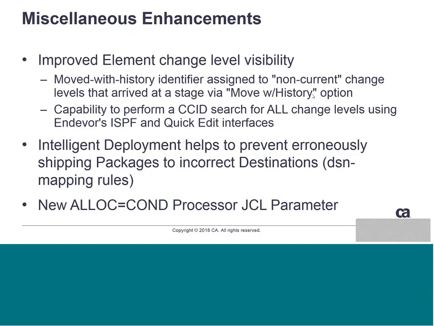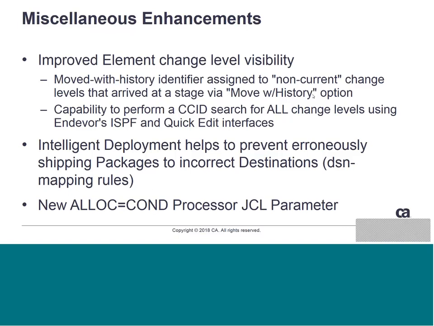The reason for this is that a lot of people do consolidation at an integration stage with multiple change levels, and they have all of those levels there in that integration stage. And then when they move with history, all of those change levels go to production, but only the last level is the one that's reflected in your MCF and in a processor output libraries usually.